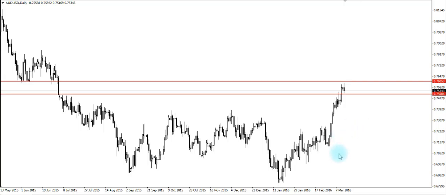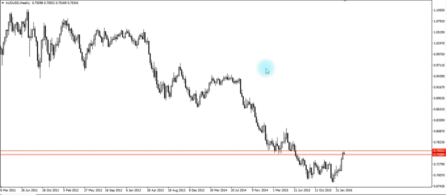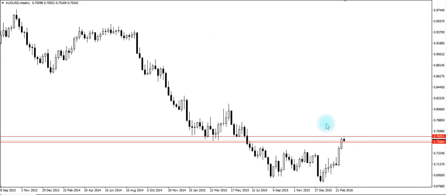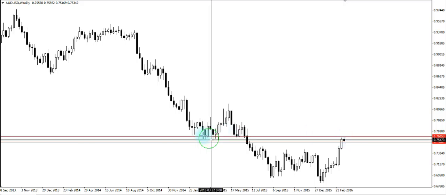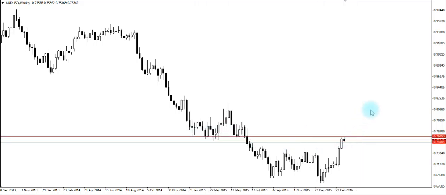So therefore, right now we see that in the weekly chart, the price is about to hit a key previous support and resistance level at the price of 0.7605, and that is a level where we can look for a sell opportunity for the Australian dollar against the US dollar in anticipation that the Reserve Bank of Australia may cut interest rate next month.